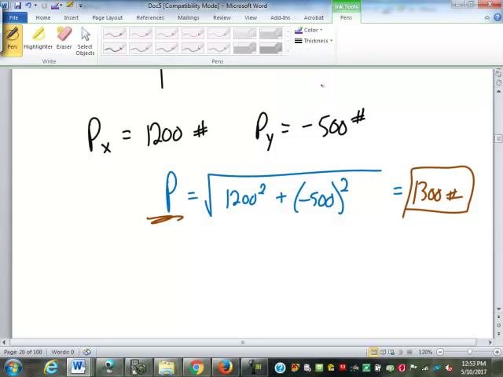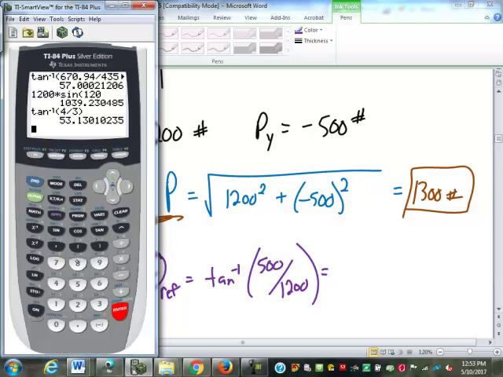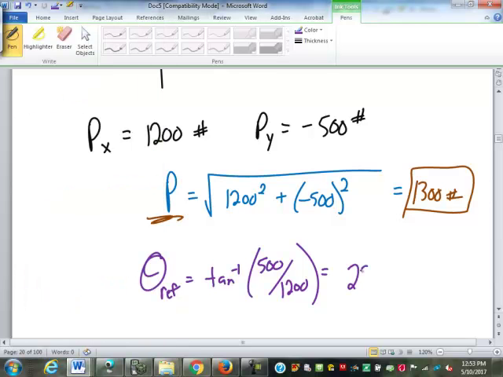The reference angle for P, so theta reference, is going to be the inverse tangent of, which one goes on top? Py. 500 over 1,200. Notice I ignored the negative. So inverse tangent, 500 over 1,200. I'm just dropping zeros because I'm too lazy to type in 4 zeros apparently today. 22.62 degrees. This is a reference angle.